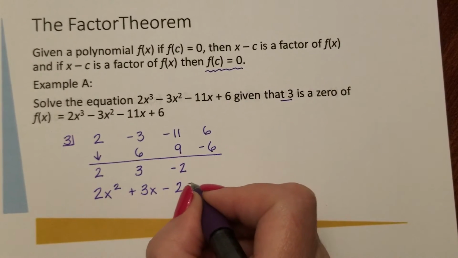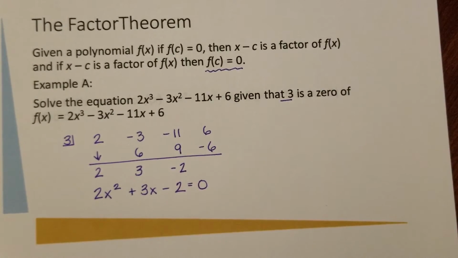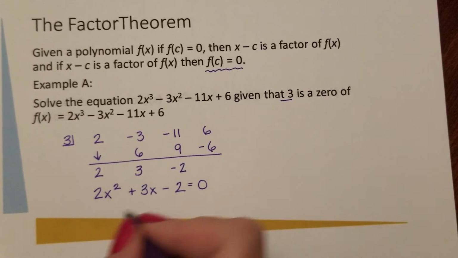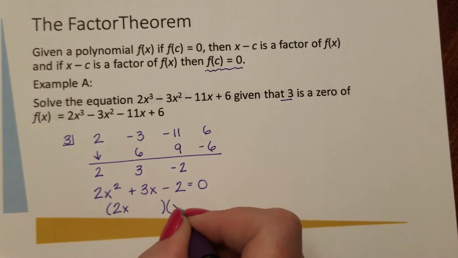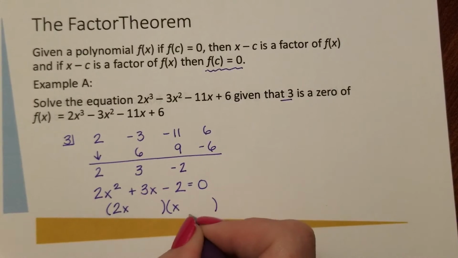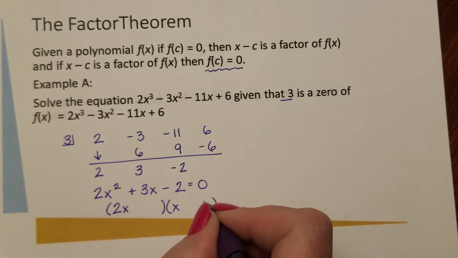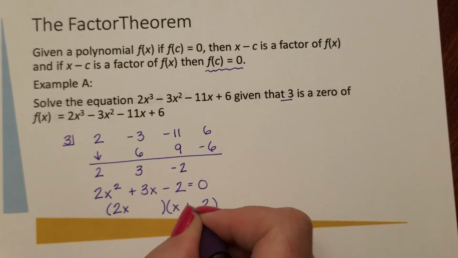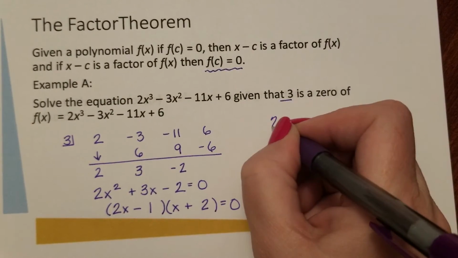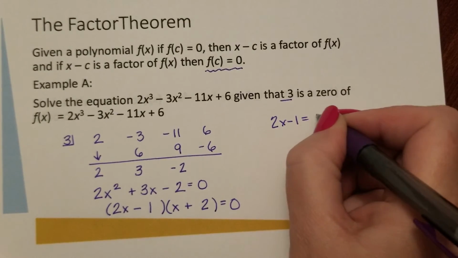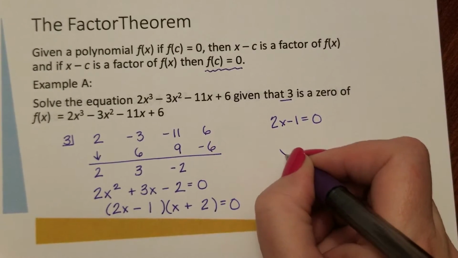And if I want to find the rest of the zeros, I set that equal to 0. And I can factor this 2x and x. And I'll have a 2 here and a negative 1 here, and set that equal to 0. So each of those factors is equal to 0.